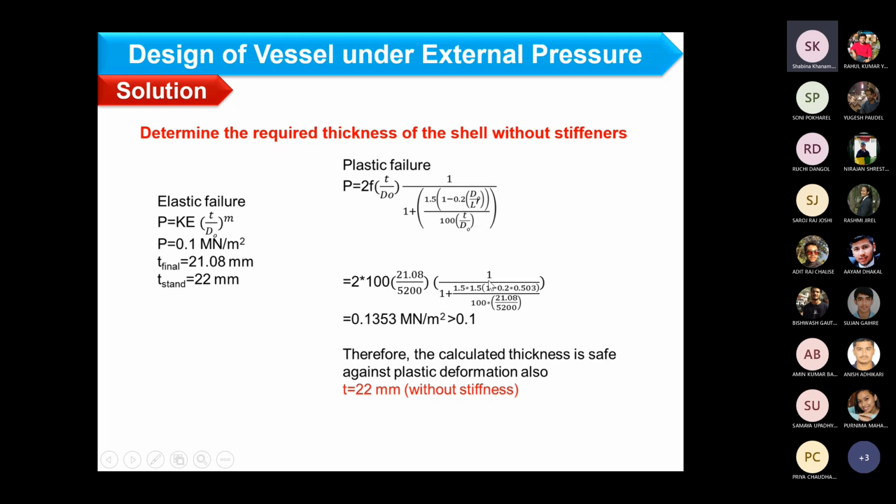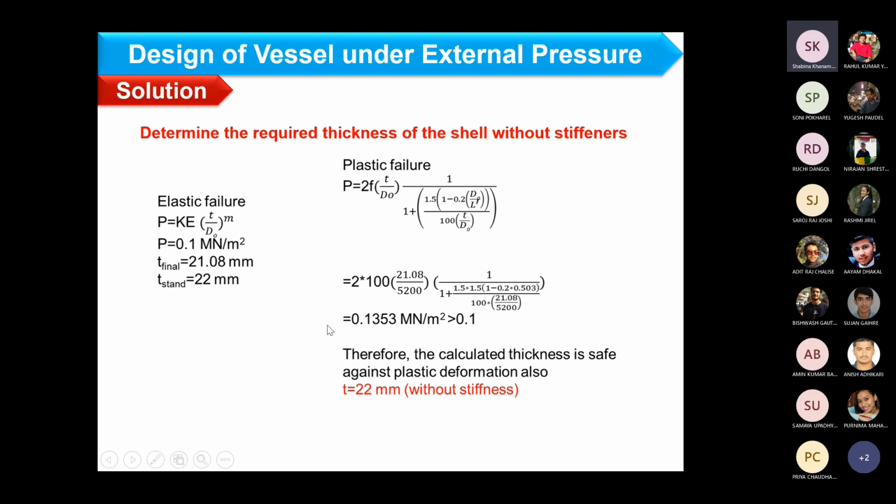Okay, so if you see here, Do by L prime is coming as 0.503, which we have considered as it is. Okay, so that is with L effective length, right?